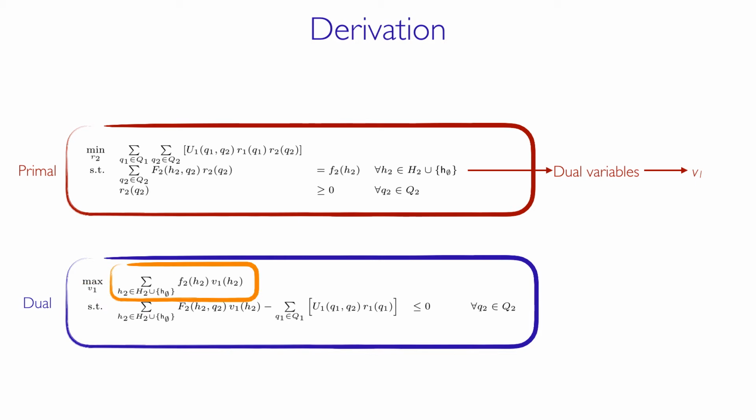The objective function is the scalar product of vector f2 and vector v1. Recall that f2 is a vector of zeros except for the first position, in which we have a 1. So this scalar product is equal to the value of the first position of v1.